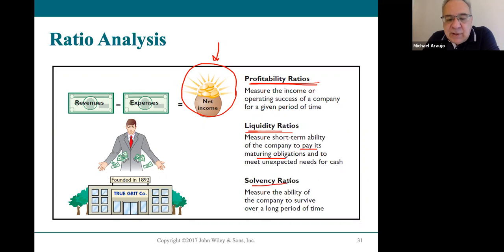And again, solvency ratios. The word solvent means you can stay afloat, you're surviving. Anyone who has heard the term insolvent knows it means, in many cases, bankrupt or not existing anymore. So if insolvency means you're bankrupt, solvency means you're still existing, you're still floating, because you're able to pay your debt over a long period of time.